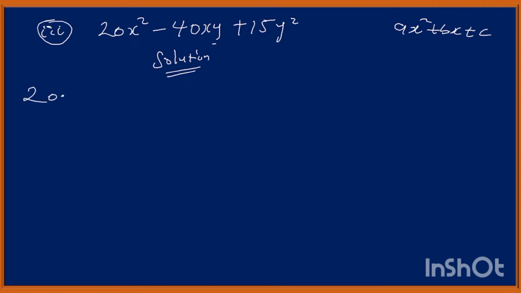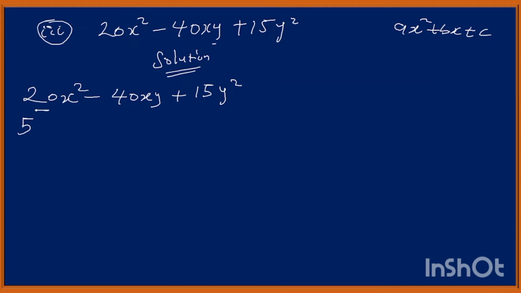So we have 20x squared minus 40xy plus 15y squared. These numbers are too big, so I want to reduce them. I'm going to factor out a number that can divide all of them without a remainder, and that number obviously is 5.